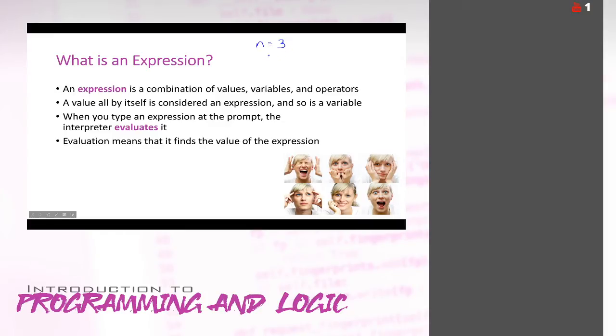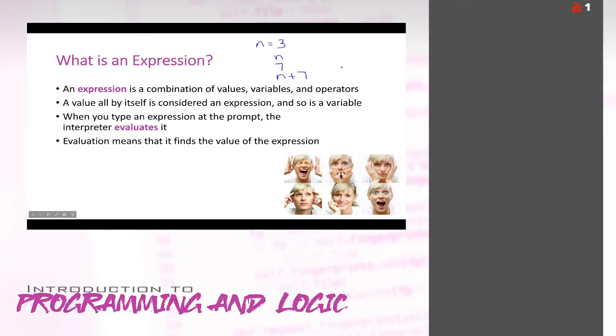We can have n. We can have a number by itself, like 7. And we can have the value of a variable and a value together with an operator.